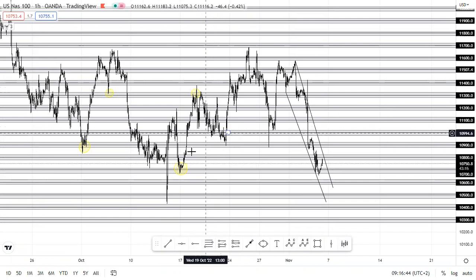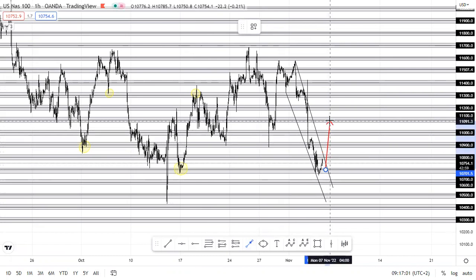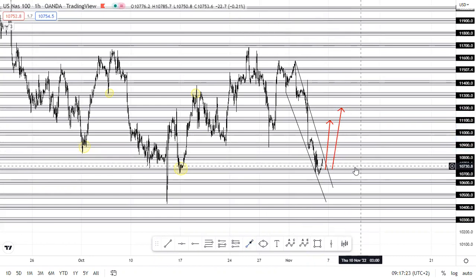Since NASDAQ is clearly on a downtrend, I would predict that NASDAQ is going to come from this level up to either this level or this level here, and then go back down and continue selling. This is what I predict that it would do.